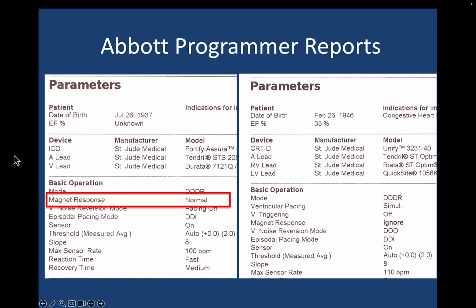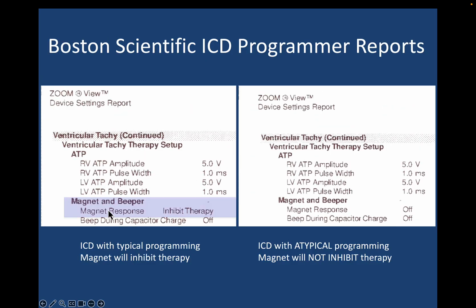This is an Abbott programmer report, and the typical magnet response would say normal, but the programmer can change the magnet response to ignore. Same thing is true with Boston Scientific. You can see here magnet response inhibit therapy, and in this case, magnet response off.